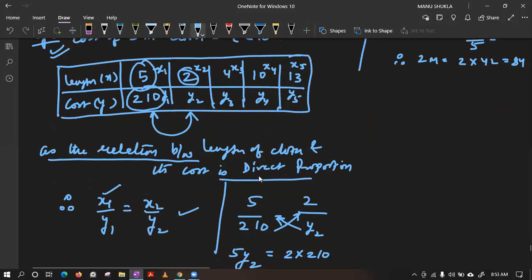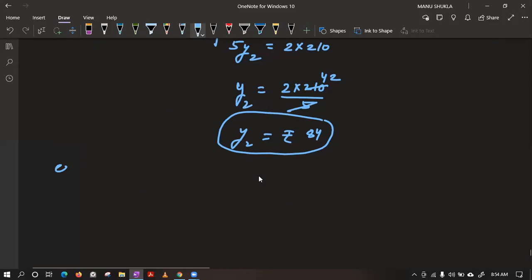It is your choice. You can take these two ratios or these two ratios, because any one will help you. Just make sure there is only one variable in your equation. If you want to find the value of y3, which equation will you go for? You can go for x2 upon y2 equal to x3 upon y3.